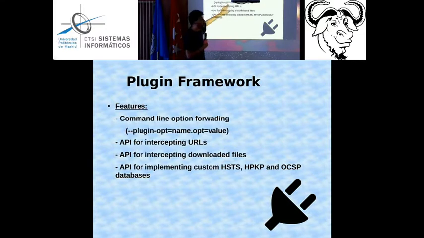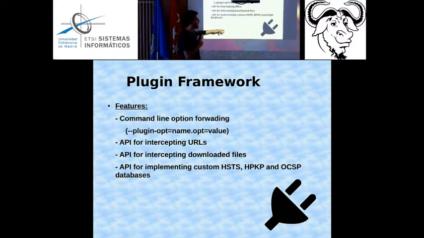As you give some arguments to WGET2, you can also give them to the plugins you are running. It's like this format. All the information is on the Git repo.